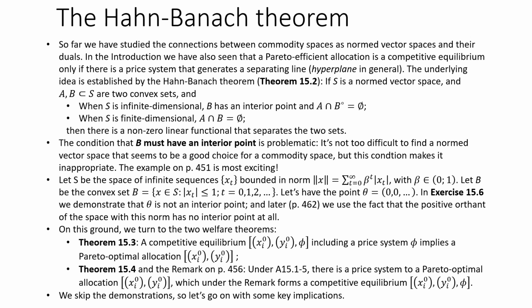A competitive equilibrium, including a price system, implies a Pareto optimal allocation. This is the simpler of the two. And the second welfare theorem claims that under assumptions 15.1 up to 5, there is a price system to a Pareto optimal allocation, which, if it satisfies the conditions of the remark related to the second welfare theorem, is a competitive equilibrium.